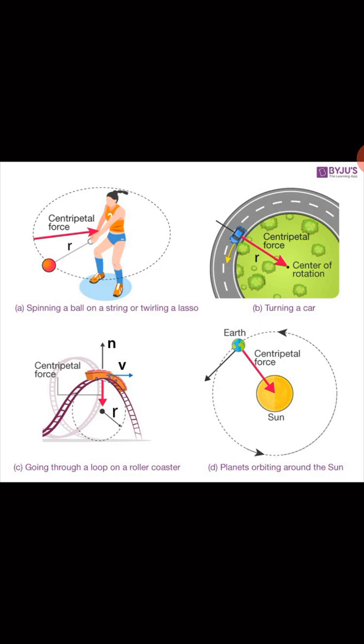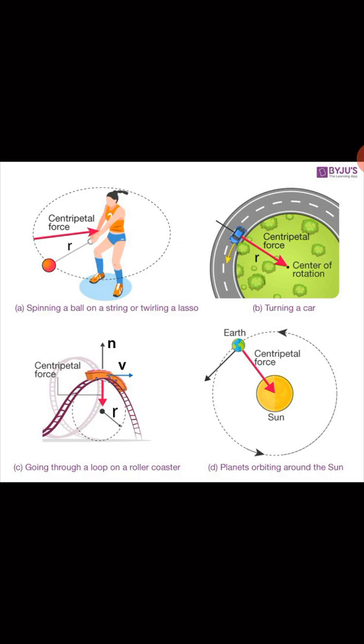In the first image, the top left, A1, the girl is spinning a ball with a string, or she's twirling a lasso. Here the ball is spinning around the girl in a circular path. This is because there is a centripetal force acting at the center by the hand of that girl, which is shown with a red arrow.